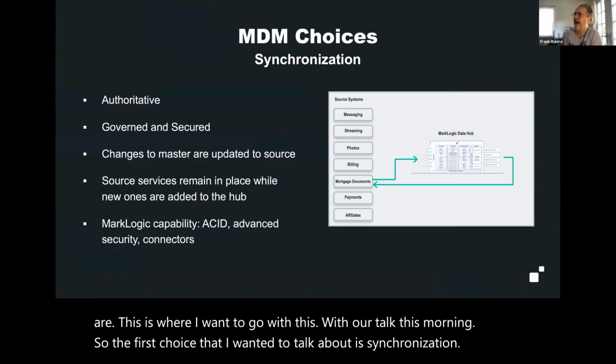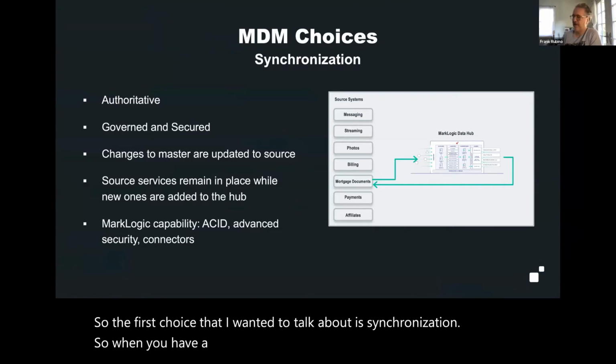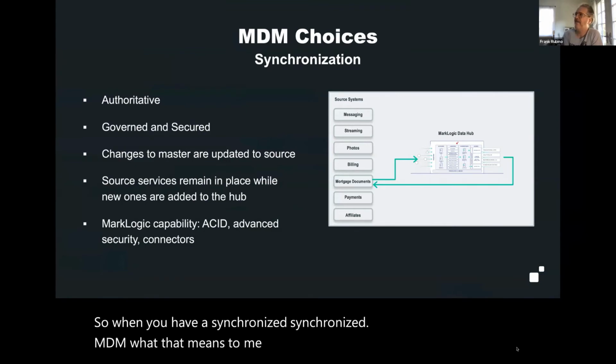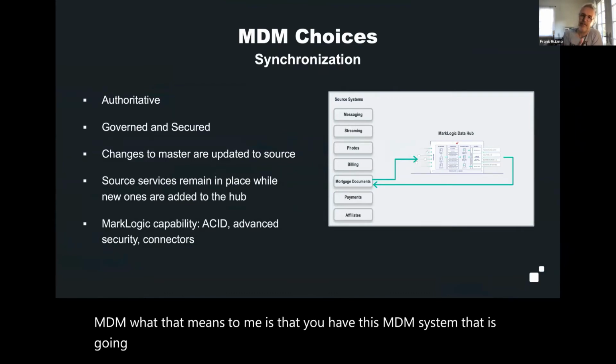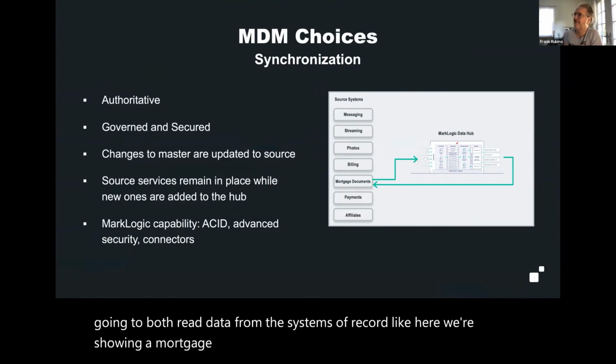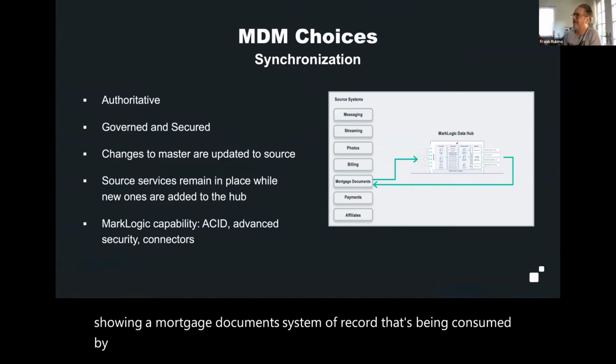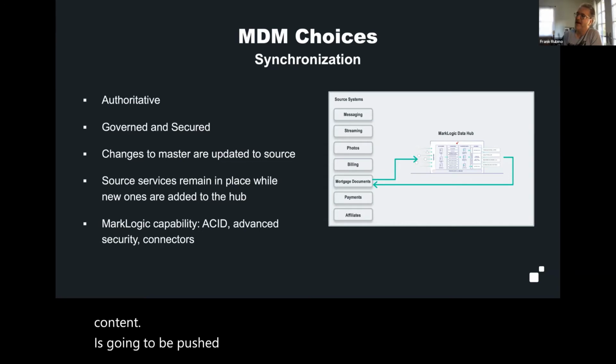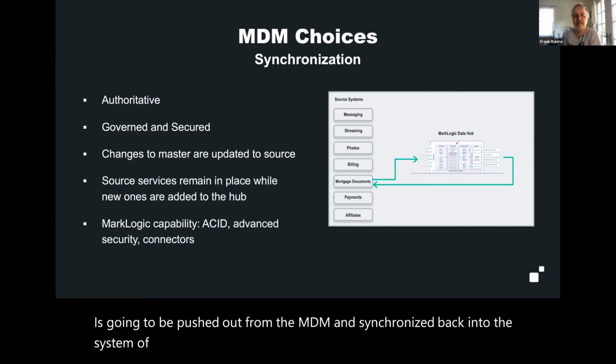So when you have a synchronized MDM, what that means to me is that you have this MDM system that is going to both read data from the systems of record, like here we're showing a mortgage documents system of record that's being consumed by the MDM, mastered and maybe enriched, and then the enriched content is going to be pushed out from the MDM and synchronized back into the system of record repository.